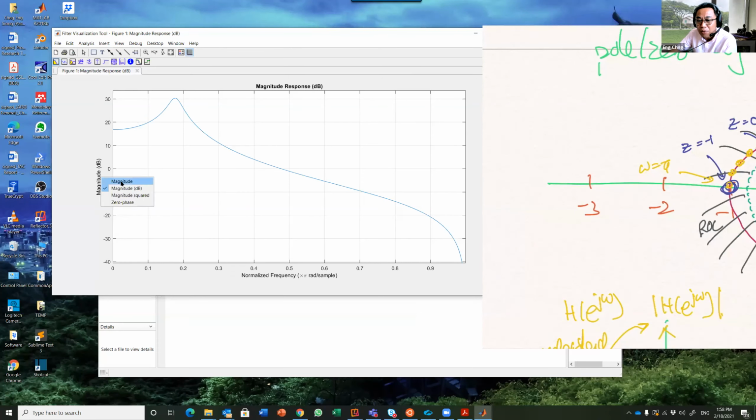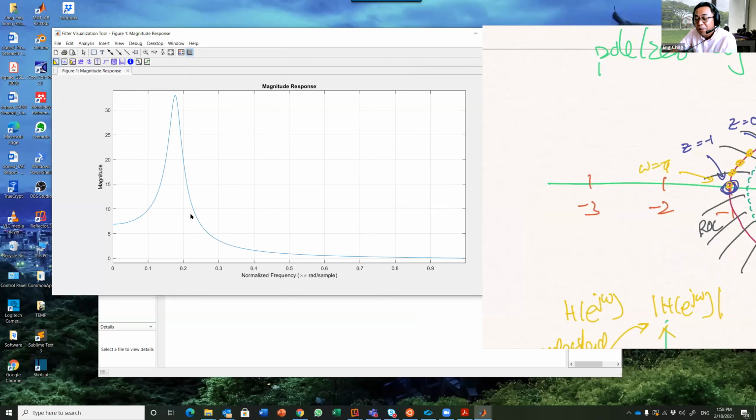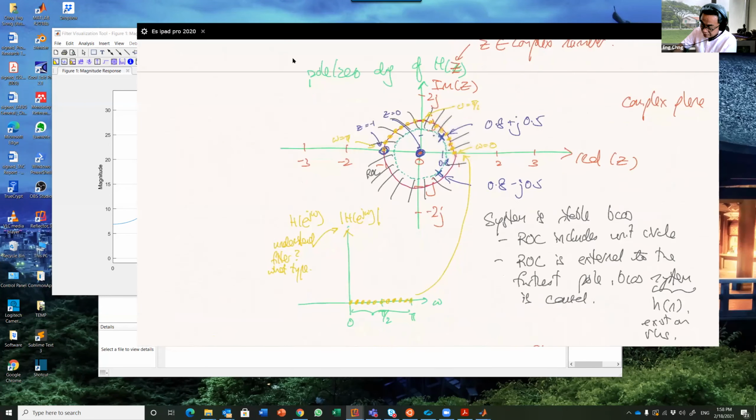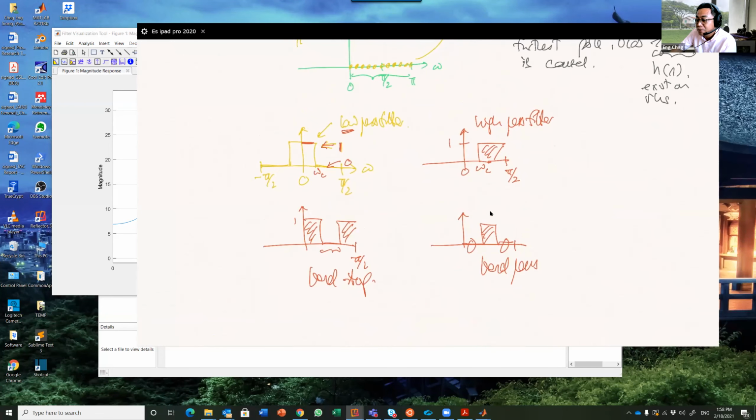Both are somewhat right, because this actually looks more like a band pass filter. But even if you say it is a low pass filter, we'll give you some marks because actually at a low frequency there is a poor response. At a certain frequency, wow, it is huge. And then after that it is attenuated again. So this is actually more like this figure, the band pass filter. Okay, now I pause here for a little while. I'll take questions now.